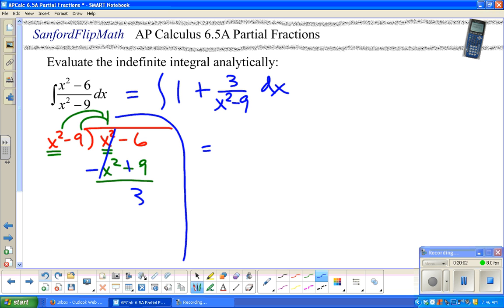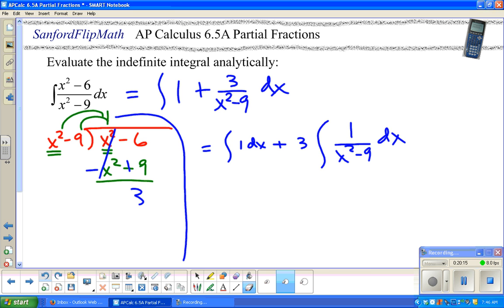So this is going to be equal to the antiderivative of 1 dx plus 3 times the antiderivative of 1 over x squared minus 9. Now, I normally would pull that out, and I just did, but I do remember that the a and the b are going to work out a little nicer if I leave it in, just because they won't be fractions, I believe.